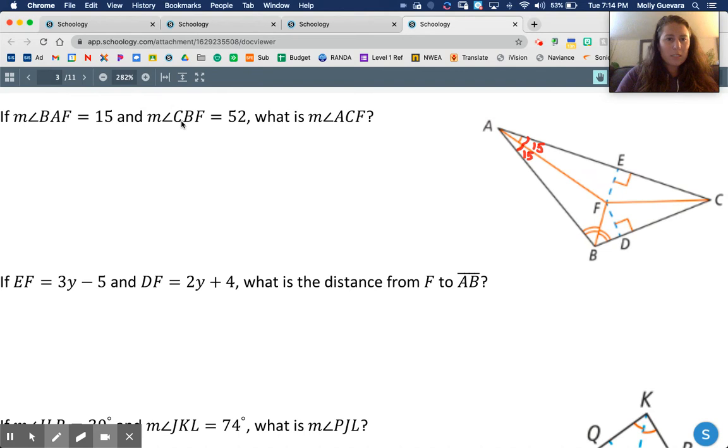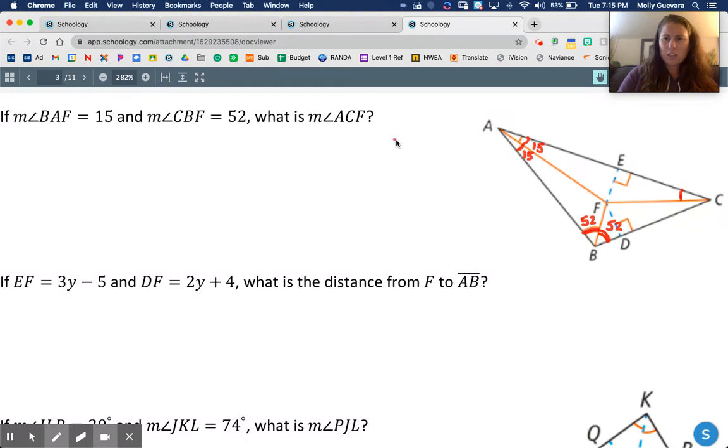Then I'm told that CBF, so from C to B to F, this angle right here is 52. And again, if that angle is 52, then this angle is also 52. And then it's saying, what is the measure of A to C to F? So this guy right here. What is that angle?